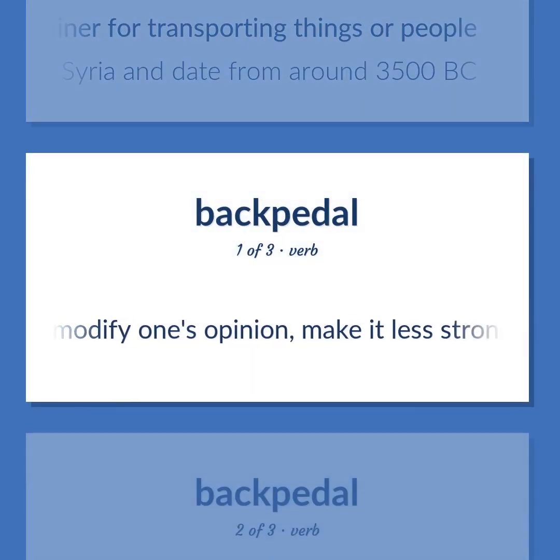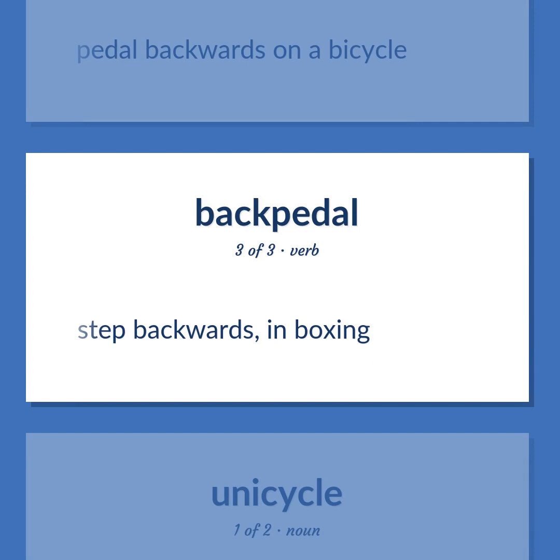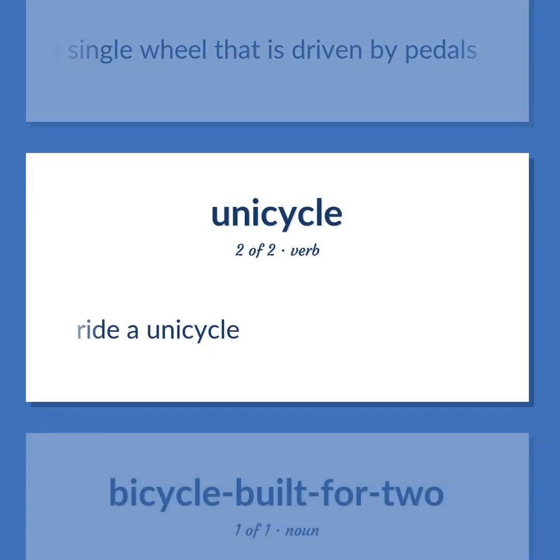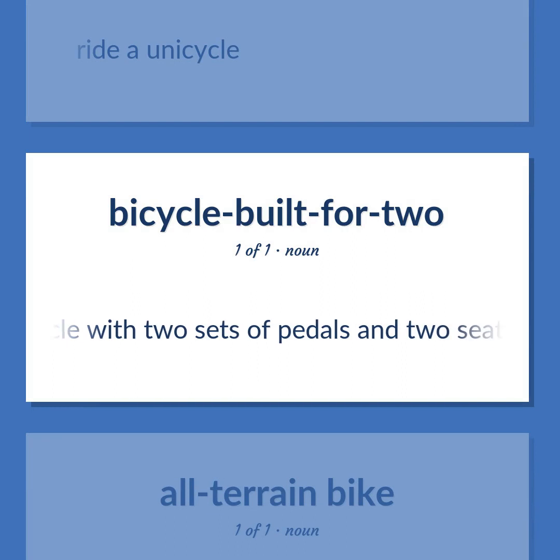Modify one's opinion, make it less strong. Pedal backwards on a bicycle. Step backwards, in boxing. A vehicle with a single wheel that is driven by pedals. Ride a unicycle. A bicycle with 2 sets of pedals and 2 seats.